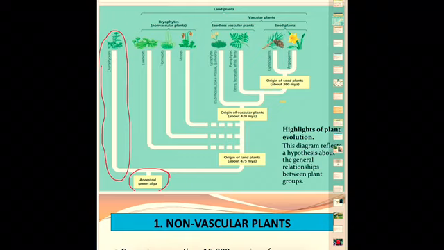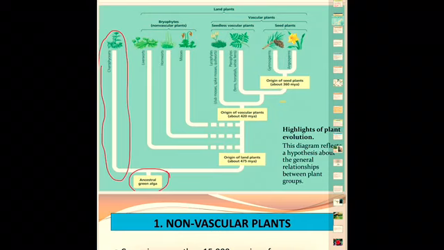If you remember the earlier slide, I mentioned the differences between algae and plants. There are 3 differences among them. From this evolutionary tree, algae is the outlier, the outermost group, separated from the land plants.